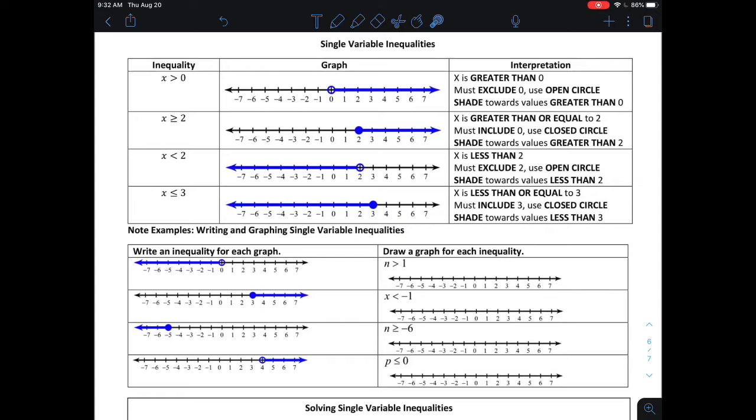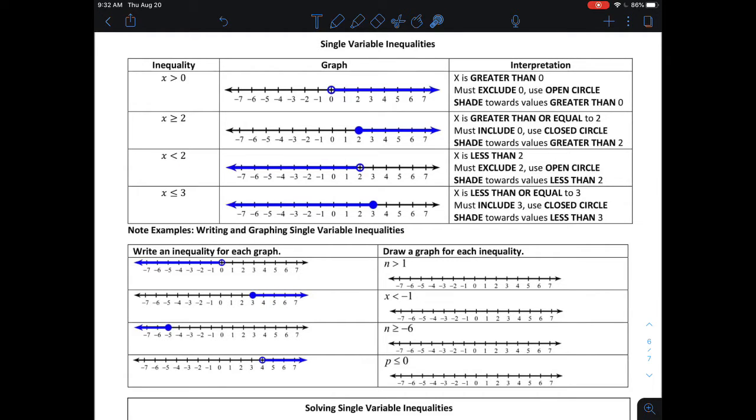If I had a line under the inequality, like this next one, which says x is greater than or equal to 2, I would still shade towards numbers larger than 2, but I would include the 2 this time, so I would use a closed circle at 2. Similar but different, if x is on the side of the point, that means it's smaller than whatever quantity is on the open side of the inequality sign.